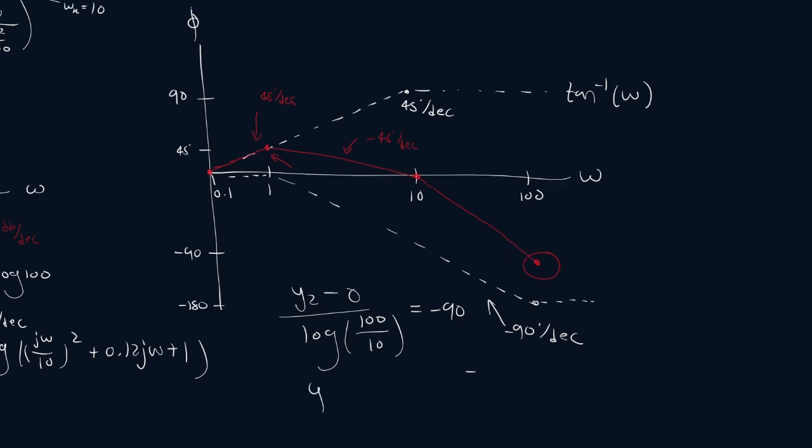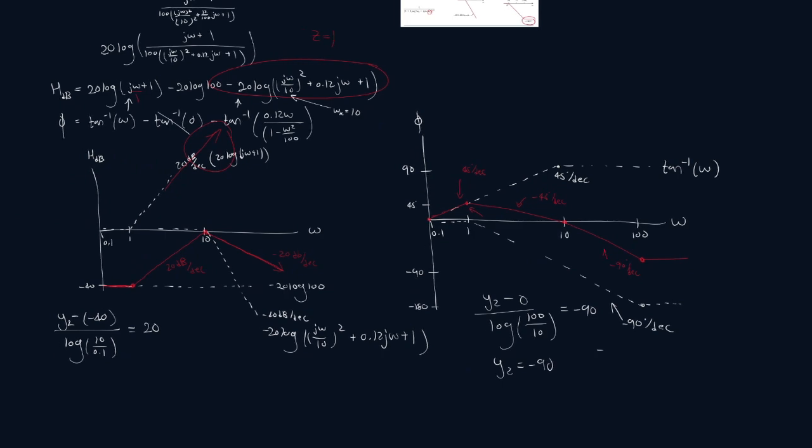And y2 is literally just going to be equal to minus 90. So we actually just stop here. The slope of this is minus 90 degrees per decade. And then after that, we just go straight. And then, yeah, these are your two Bode plots.